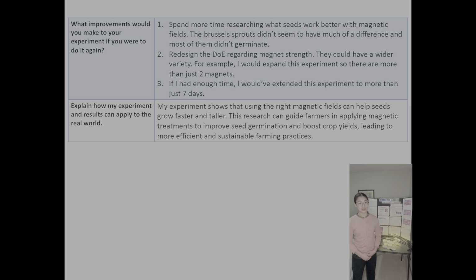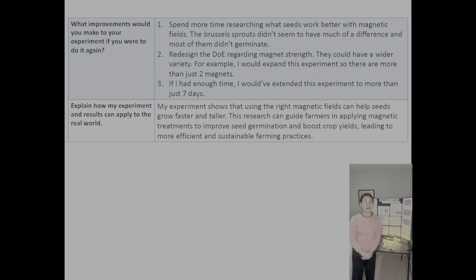So in my case, that was the Brussels sprouts. And I'd redesign the experiment regarding magnet strength, because I could make that have a wider variety. So instead of just having 1 or 2 magnets, I could have it go up to like 3 or 4. And I'd also extend this experiment so it was more than a week.